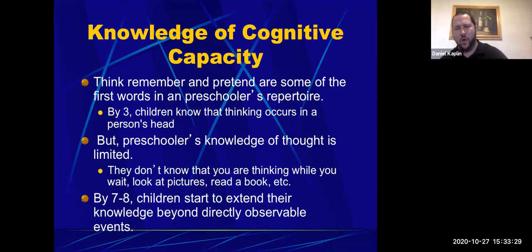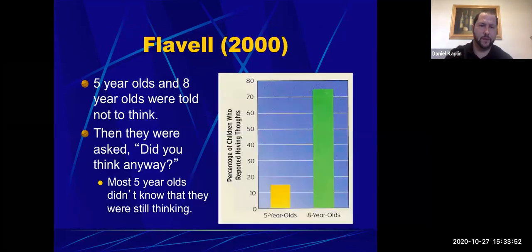But what you know about knowledge and thought is very limited. You might rely on looking at pictures and reading books and very tangible things. But by 7 or 8, you start to think about things beyond things that are directly observable.